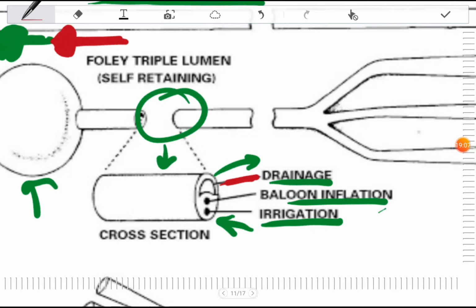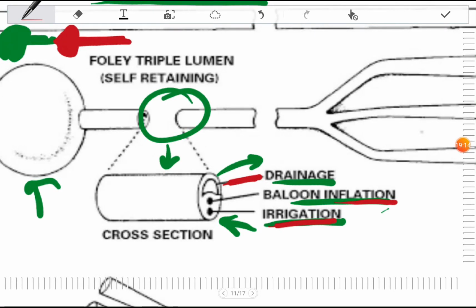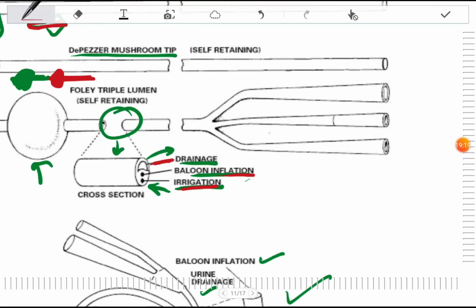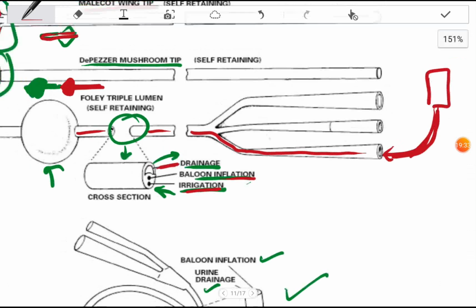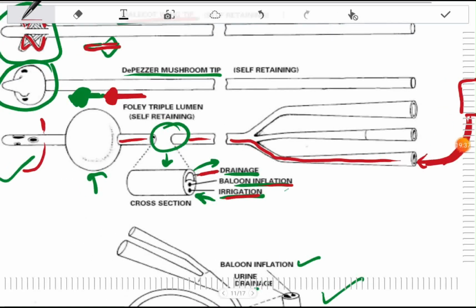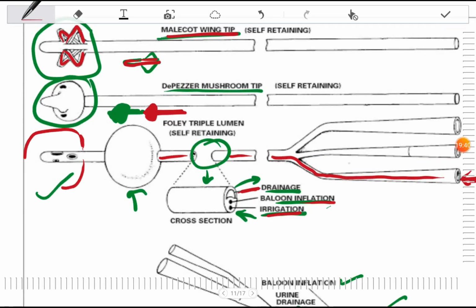Then we have three ports here. First is drainage, then balloon inflation, then the last one is irrigation. So what happens is, once the irrigation solution, which is hung here, okay, suppose this is hung here, it passes through the insertion port like this, and then the irrigation solution is retained here in the bladder like this.